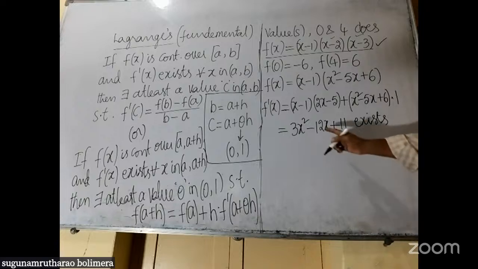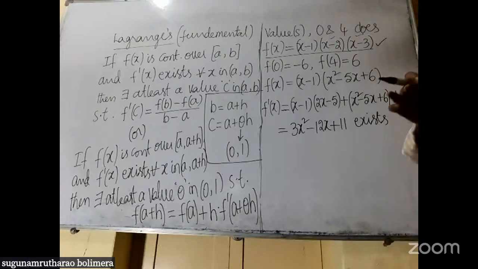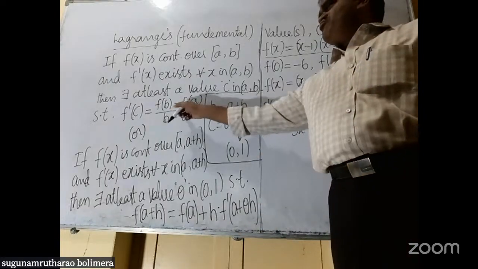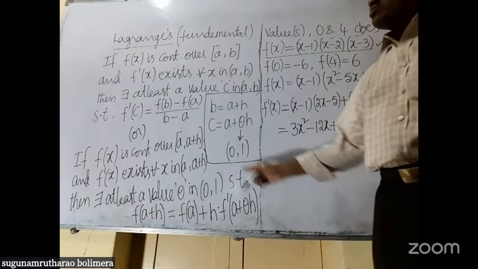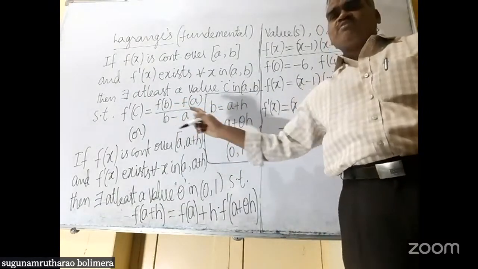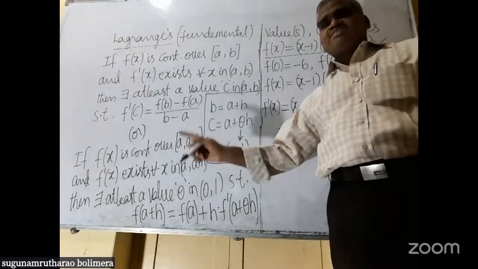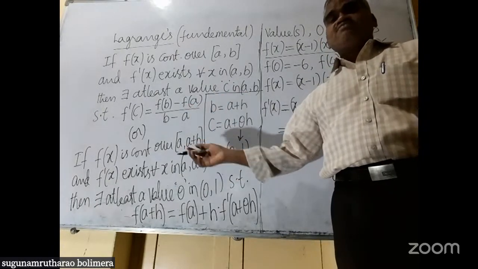If it satisfies Lagrange's mean value theorem, there must be a point, minimum one value, between 0 and 4 satisfying f dash of x equals f of b minus f of a by b minus a. Now you substitute that and solve it. If you are having any value x between 0 and 4, then you can say it is satisfying.